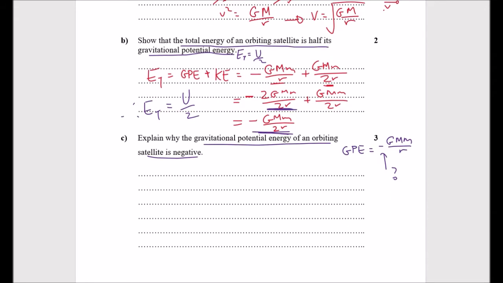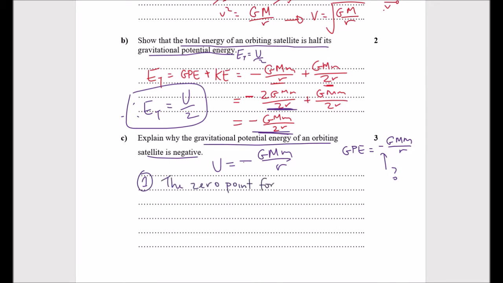Okay, so I'll leave that one there. The next one is to explain why gravitational potential is a negative value. We know you can write it as GPE or U; I write it both ways. The first reason is the zero point.